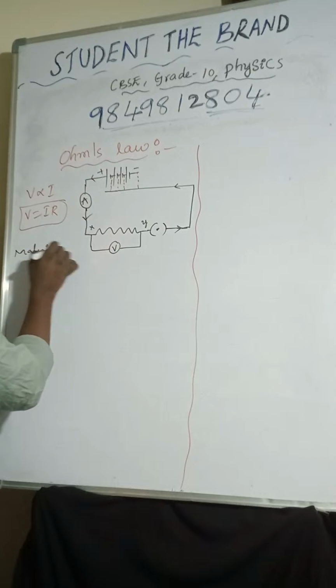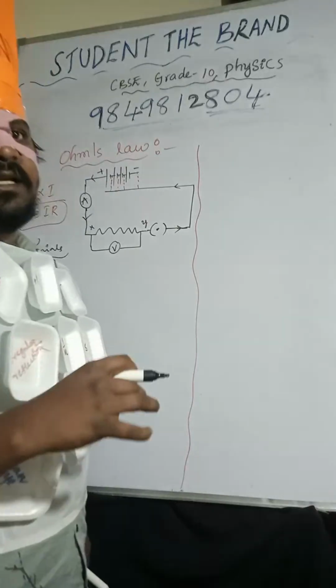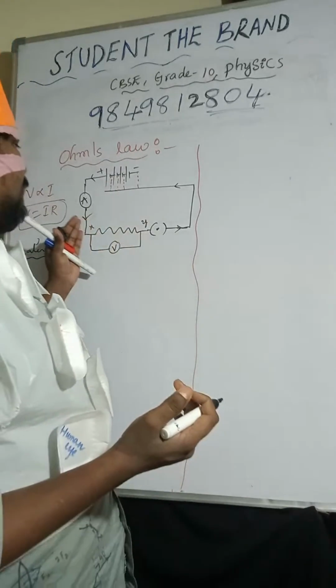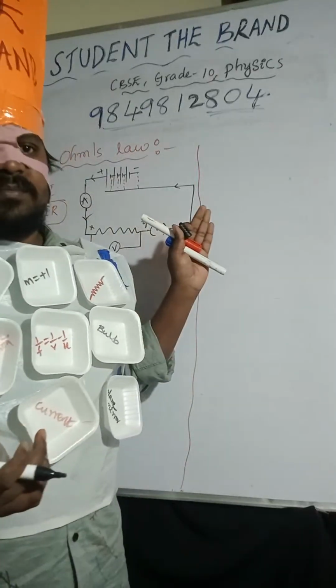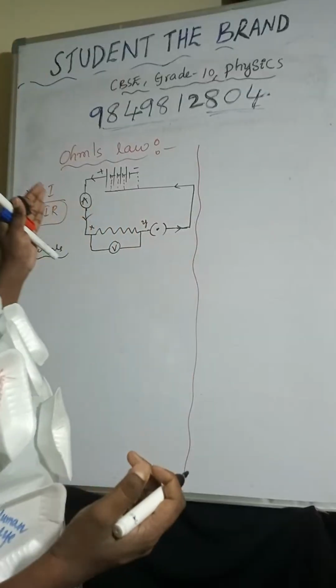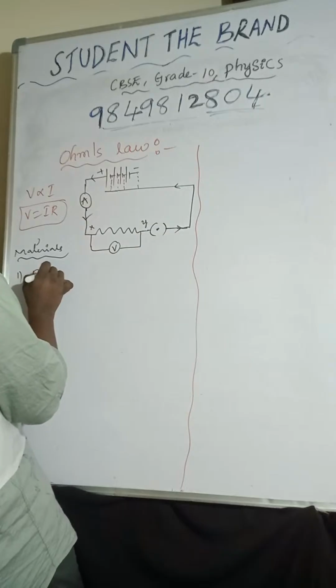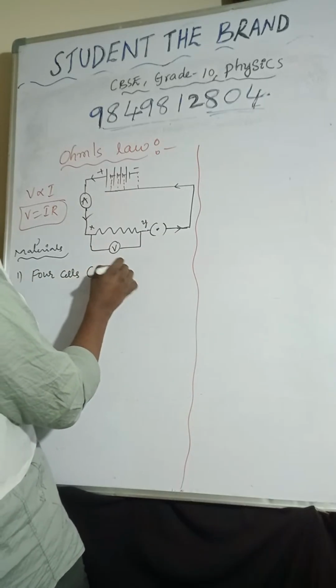The statement is: the potential difference across the ends of the given metallic conductor is directly proportional to the current flowing through it. V is directly proportional to I, V equals IR. Now materials required. First one, 4 cells of 1.5 volts each.